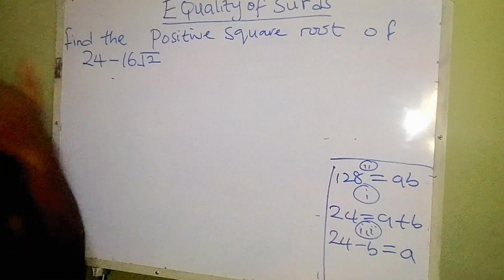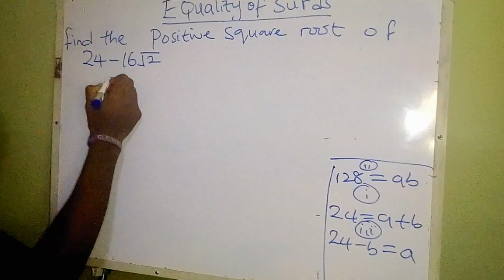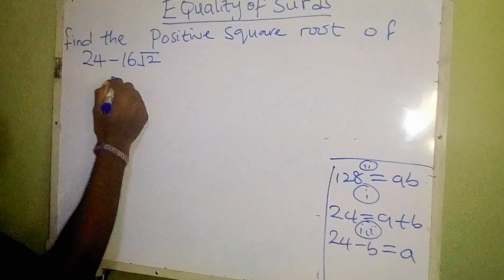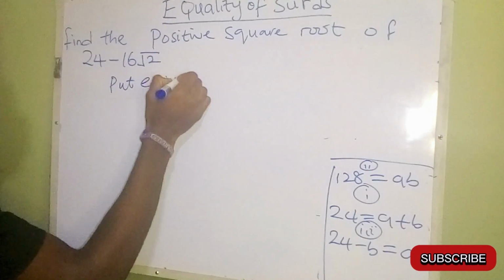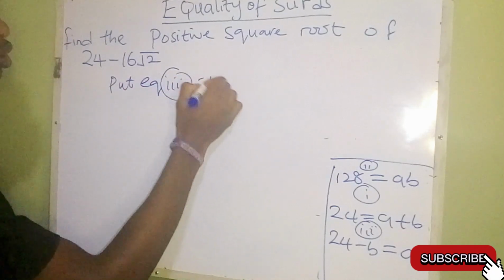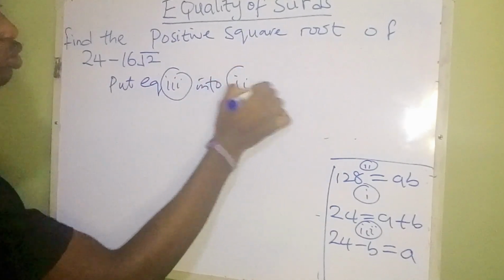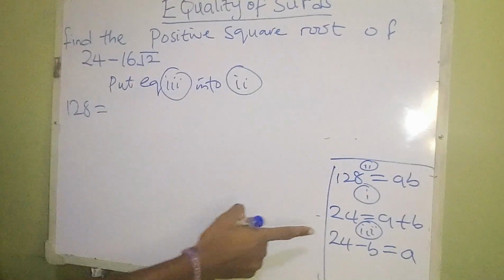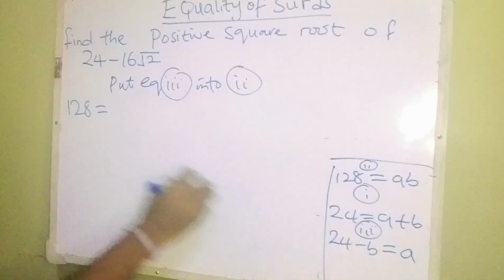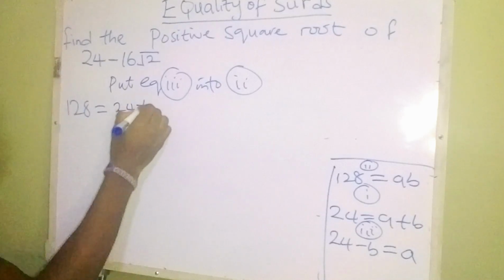Since we have all of this, don't forget these are equations. We should put equation 3 into equation 2. So equation 2 says that 128 is equal to a times, a is 24 minus b. So 24 minus b.